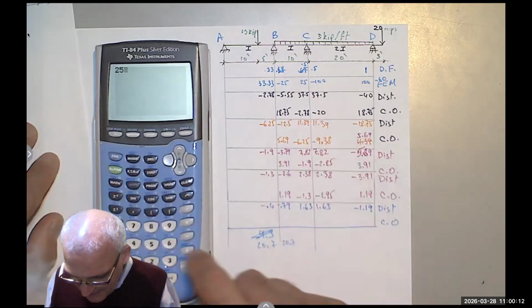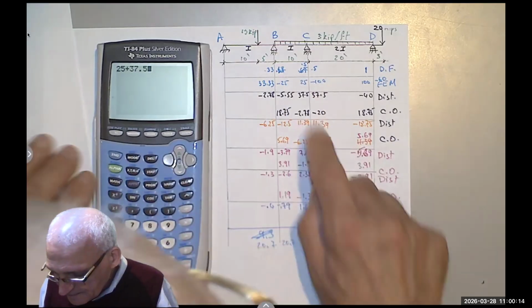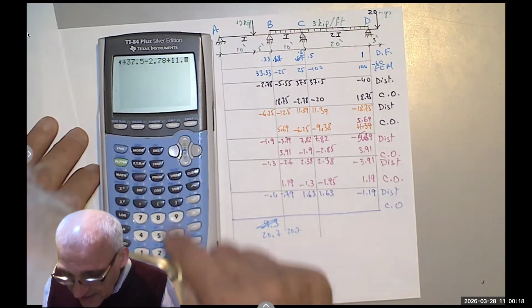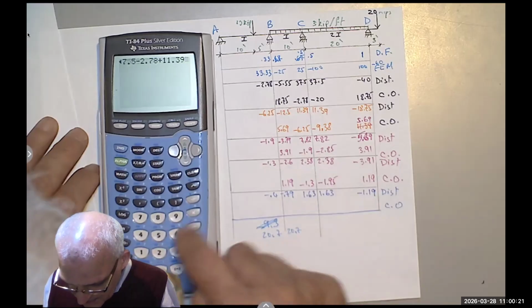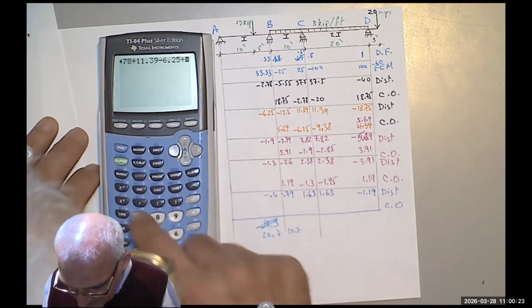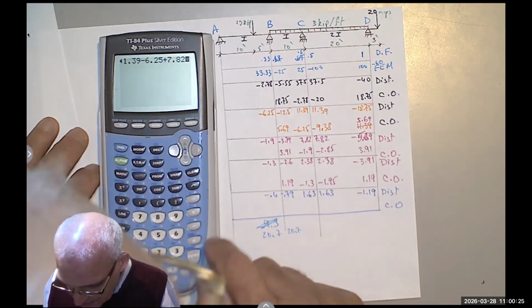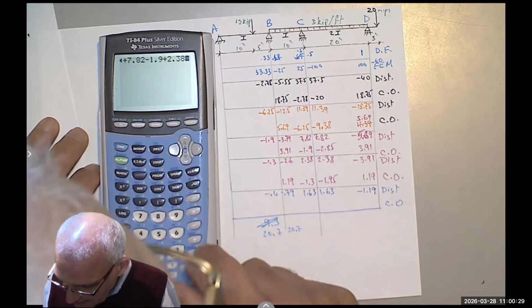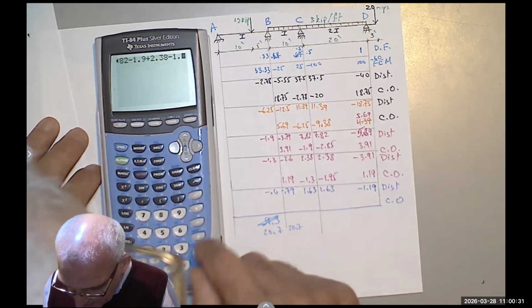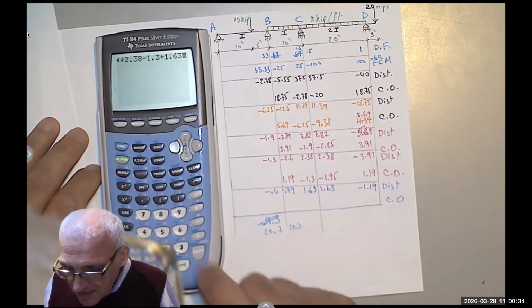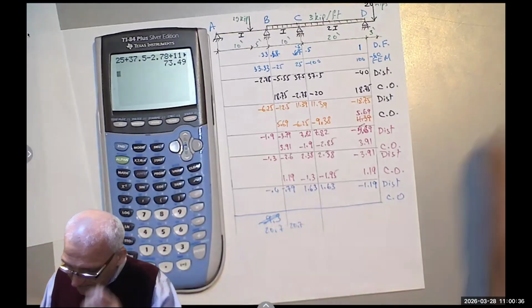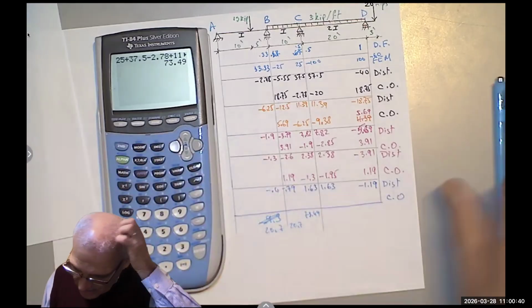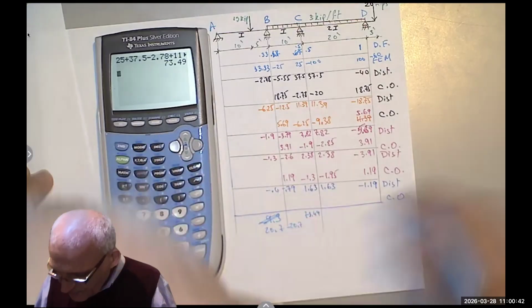25 plus 37.5 minus 278 plus 1139 minus 625 plus 782 minus 1.9 plus 238 minus 1.3 plus 163. So 73.49. This is negative, of course.